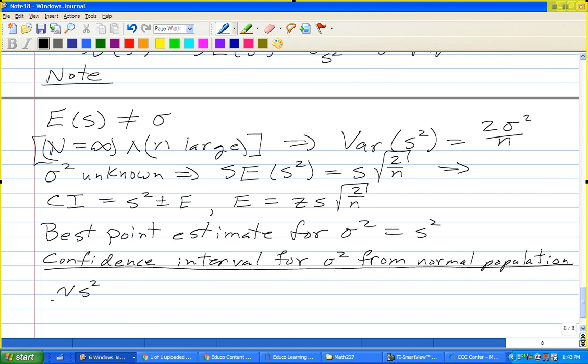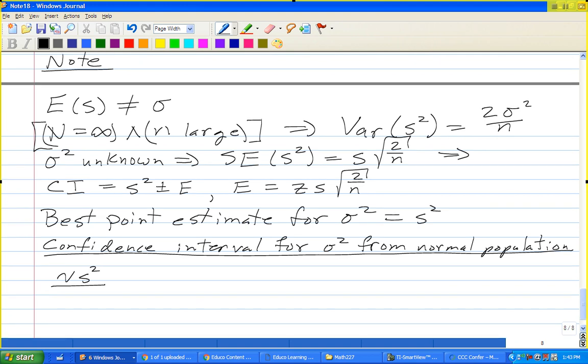It'll be the test statistic: nu, the degrees of freedom, times the sample variance over the right chi-squared value, and the degrees of freedom times the sample variance over the left chi-squared value. Okay.